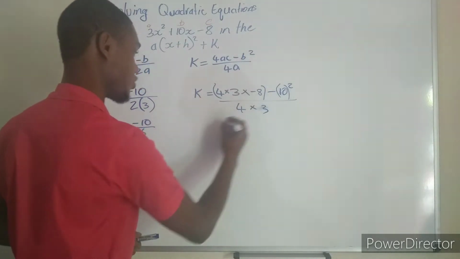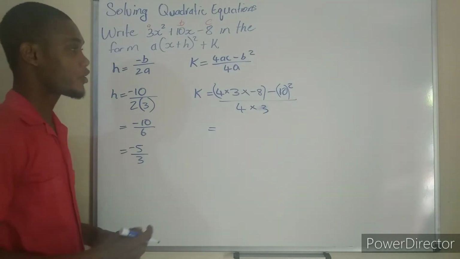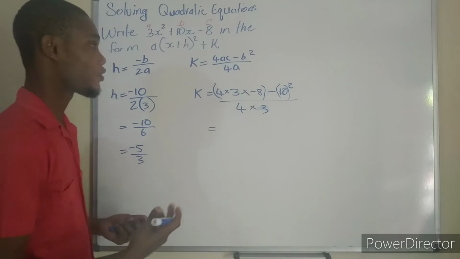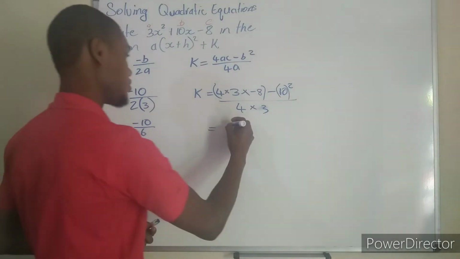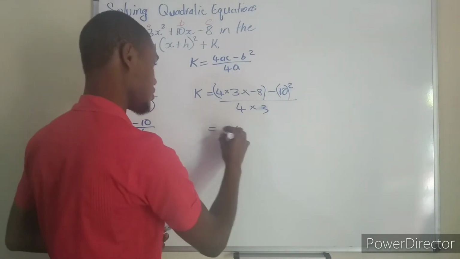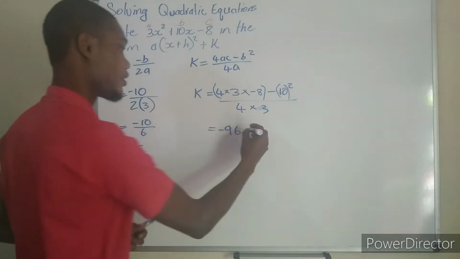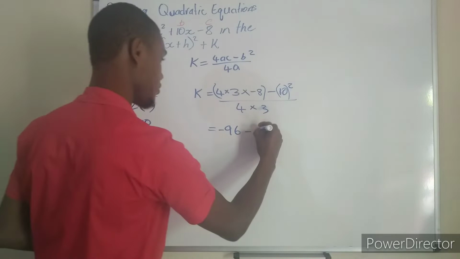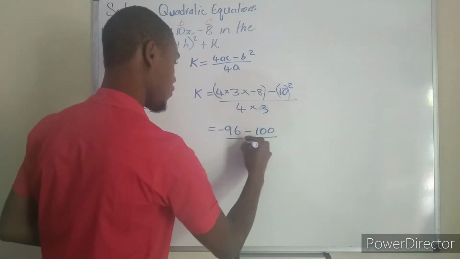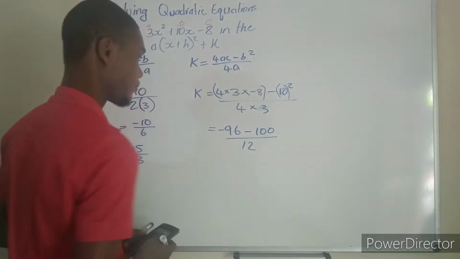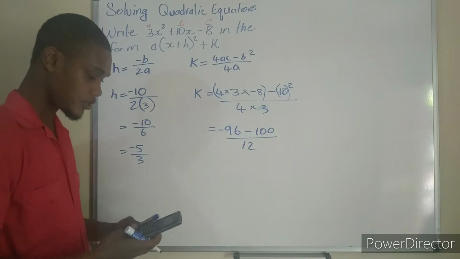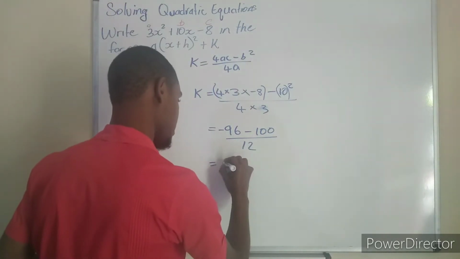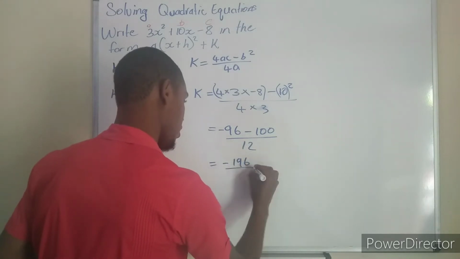So 4 times 3 times 8, 8 fours are 32, 32 times 3 is 96, and that's negative 96, minus 10 squared, which is 100, all over 12. So that's negative 196 divided by 12, or you can leave it as negative 196 all over 12.